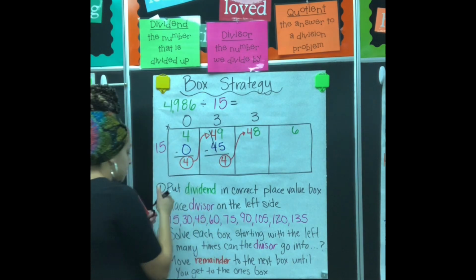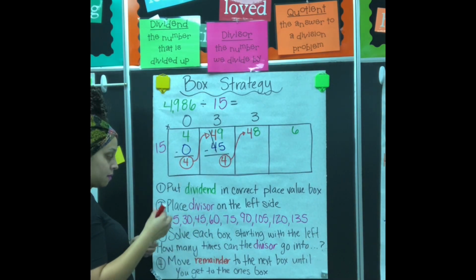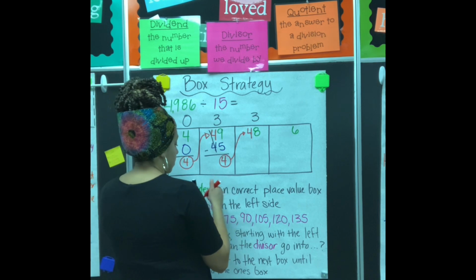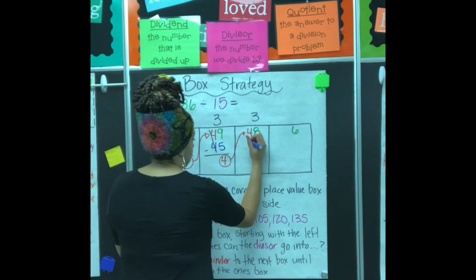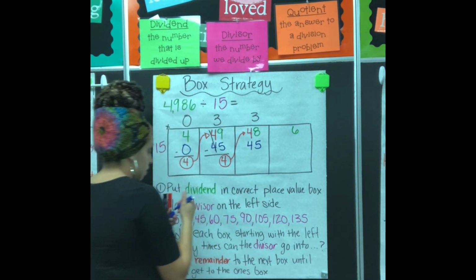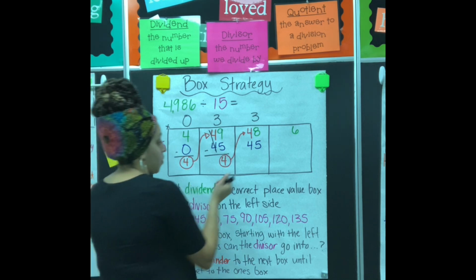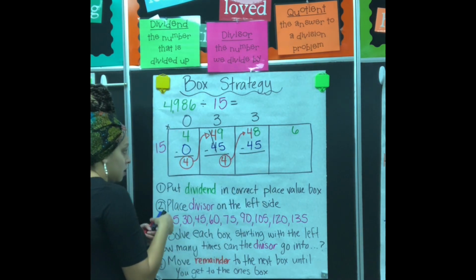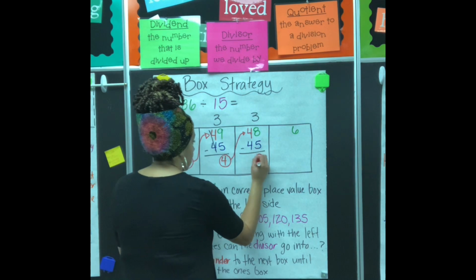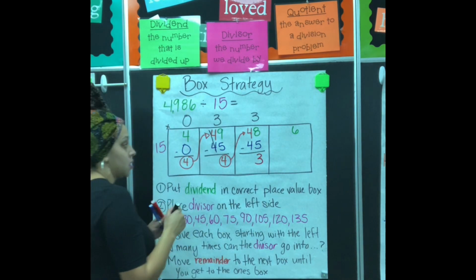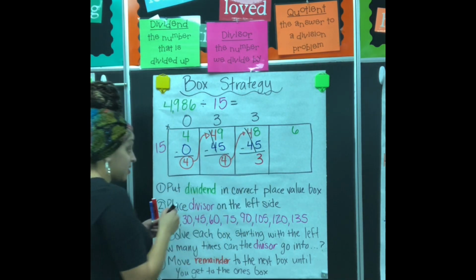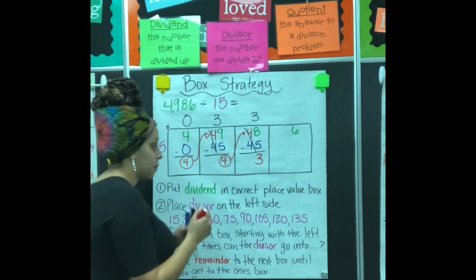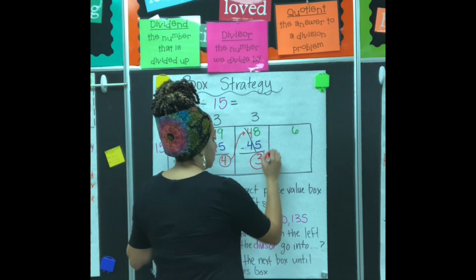I go 3 times 15 equals 45. Then I go 48 minus 45. 8 minus 5 is 3. 4 minus 4 equals 0. That's a good remainder too because it's less than my divisor. So I'm going to move this on over.